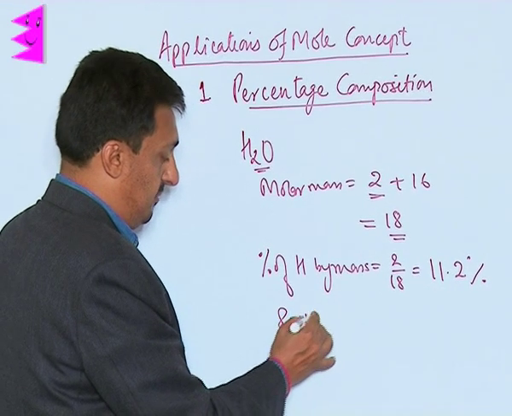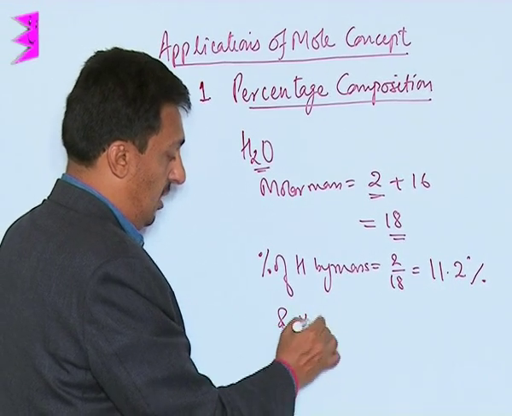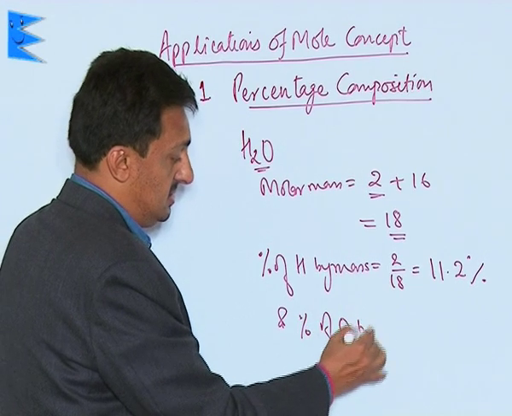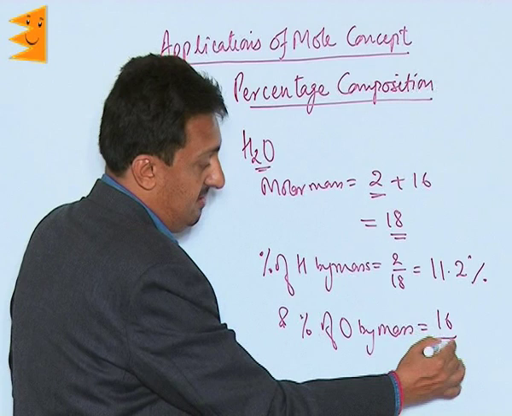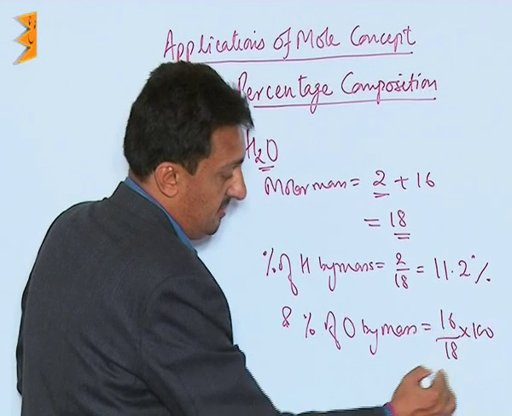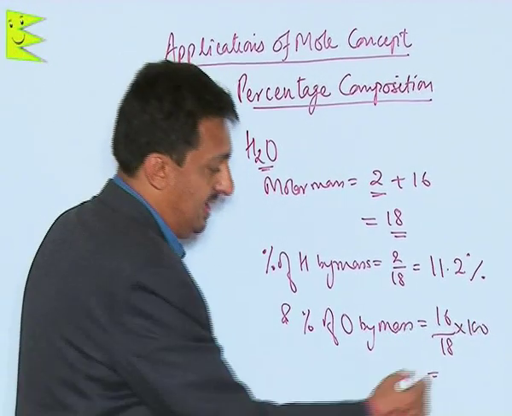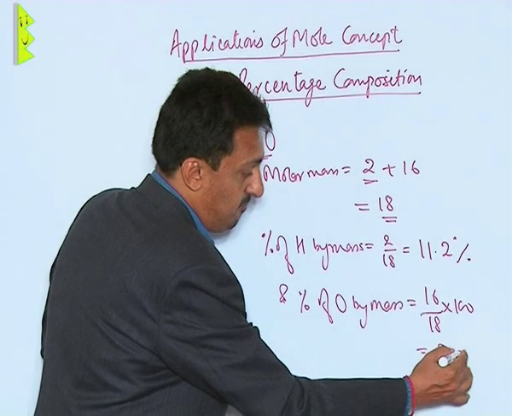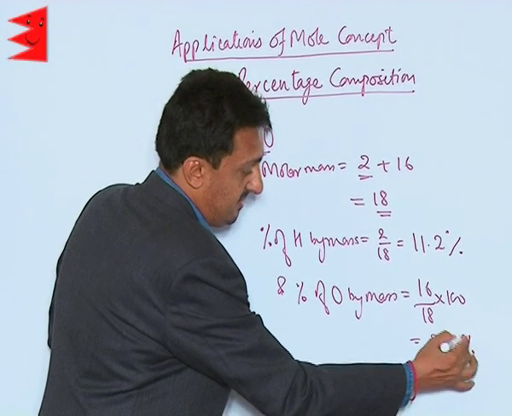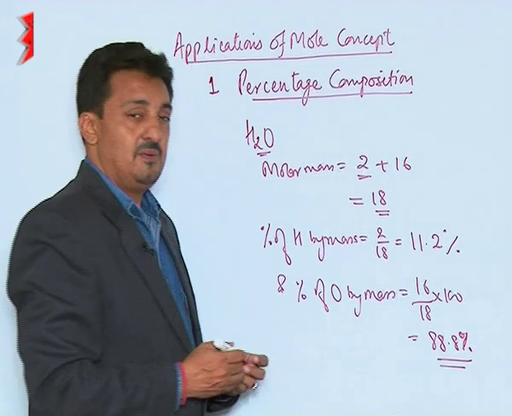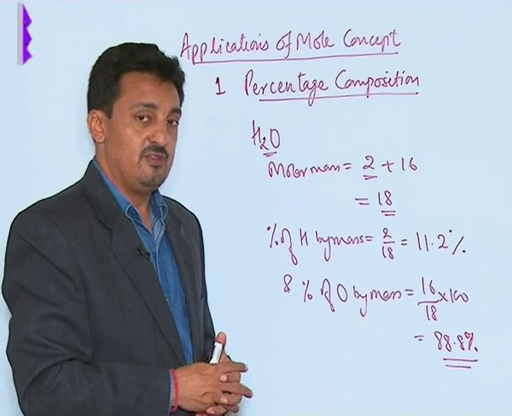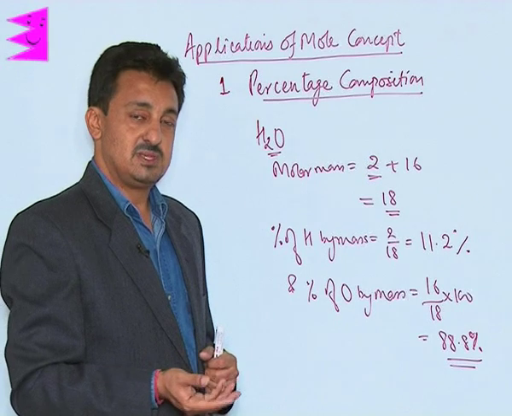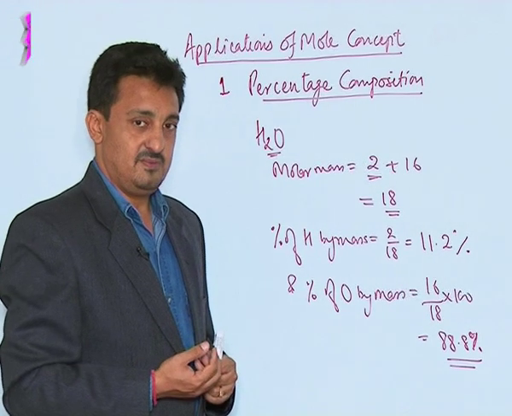And the percentage of oxygen by mass will be 16 by 18 into 100, which comes out to be nearly 88.8%. So this is how we can find the percentage compositions of the different elements in any particular compound.